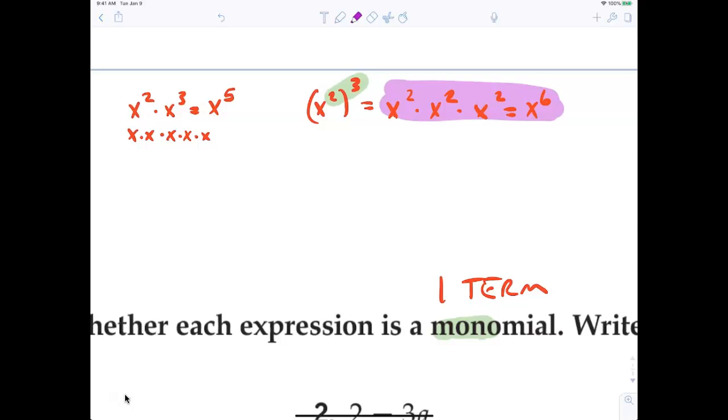And then you can break that down even further: x times x, x times x, x times x. So that has to be x to the 6th. There is only one possible answer. But most kids rush through it and they'll just say x to the 5th. So be careful. Power to power, you multiply. Those are the rules. All right?